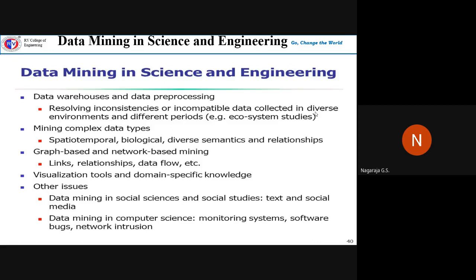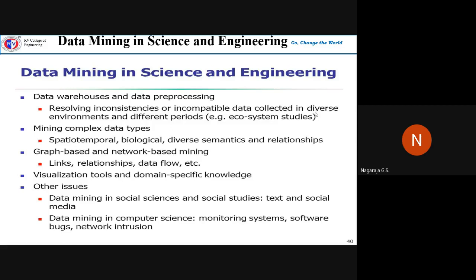If you connect all these applications together and you want to build some relations from one node to another node, you can understand the requirement of data mining.